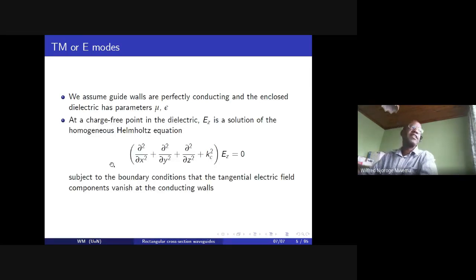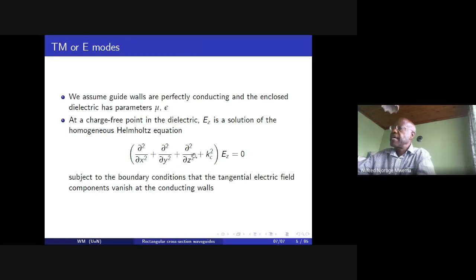So at a charge-free region in the dielectric, Ez, that is the axial component of the electric field intensity, will be a solution of the homogeneous Helmholtz equation. But now we are not going to use only one single term here because we have now finite extent in the x direction, finite extent in the y direction.